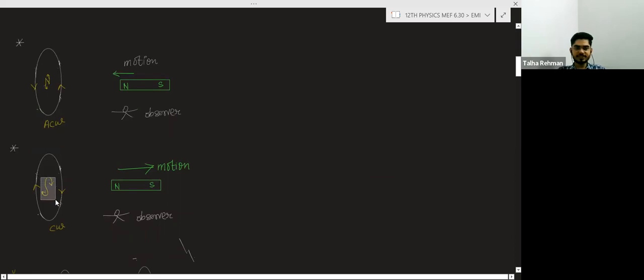I have written this intentionally like this, because when you write it in this form, you can get the direction of the current from this arrow.